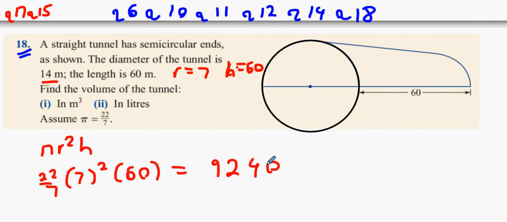So what are you going to do? Divide by 2. Then I get 4,620 meters cubed. We got our answer. Now we've got to convert this into liters.